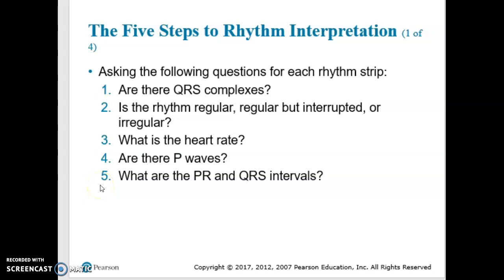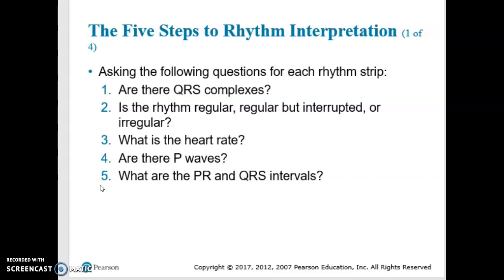Question number 5 is, what are the PR and QRS intervals? Are the intervals within normal limits, or are they too short or too long? Are the intervals constant, or do they vary? Okay, so we have to look at all of this. So knowing the normal length of a PR interval and a QRS interval is very important.